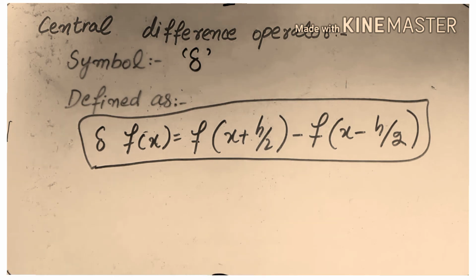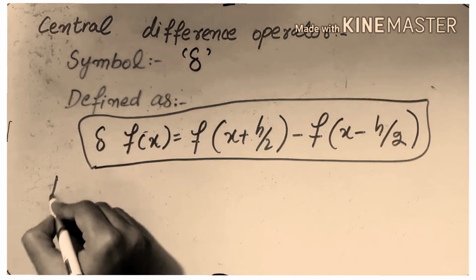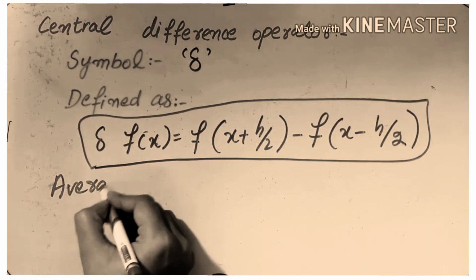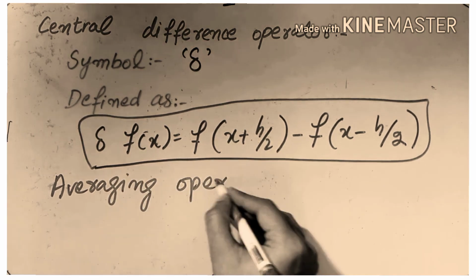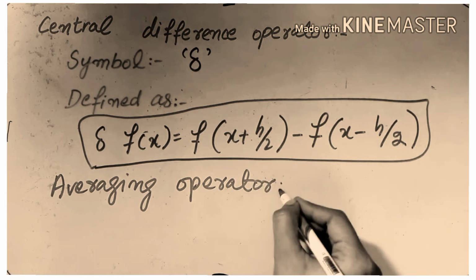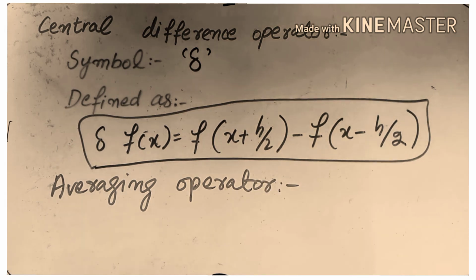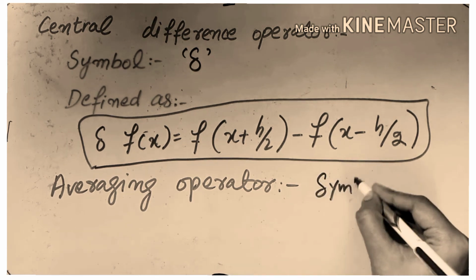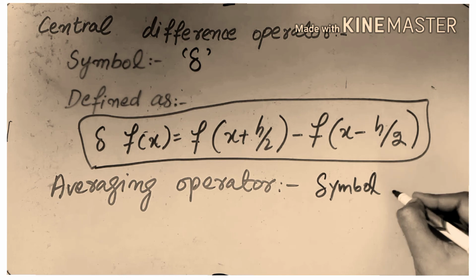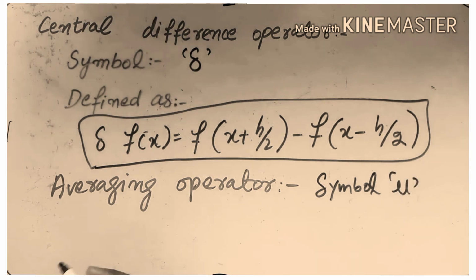And the next operator is the averaging operator. Mostly we use forward difference and backward difference. The averaging operator, its symbol is mu, and it is defined as follows.